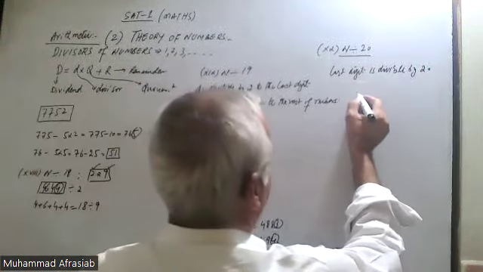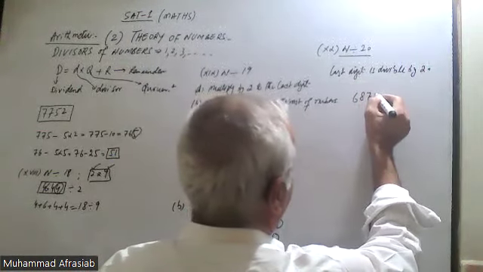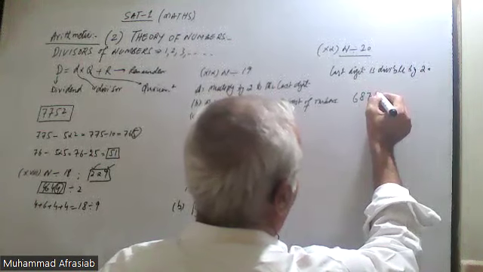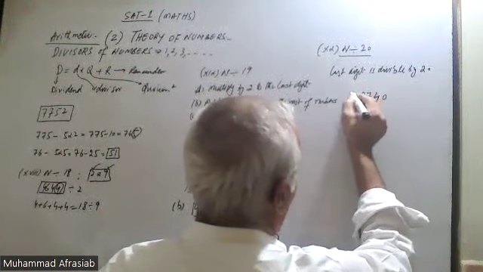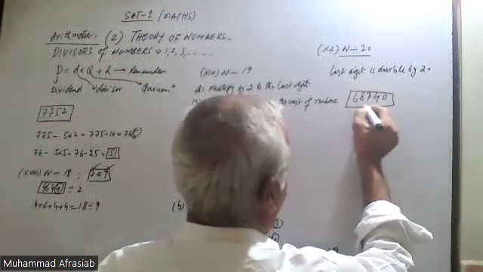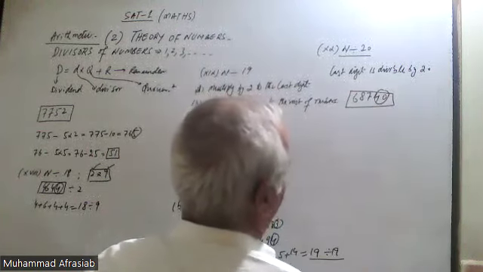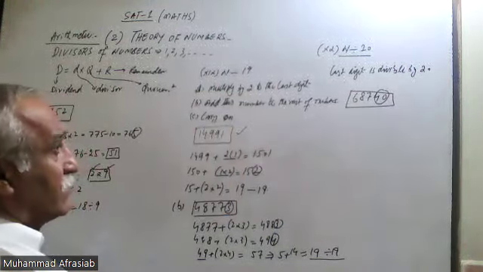Suppose you have 68740. This is the number, and the last two-digit number is 40, which is divisible by 20 there.